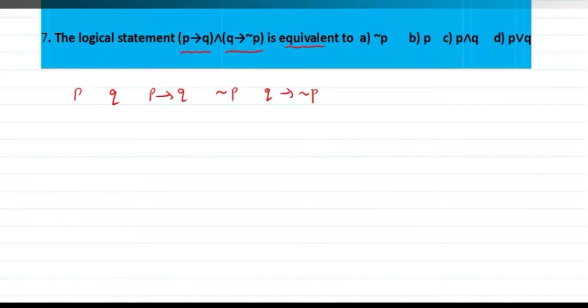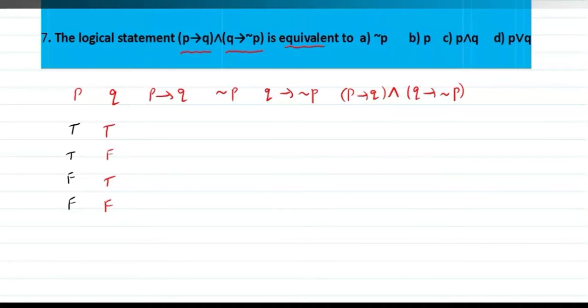And last but not least, P implies Q and Q implies negation P. This is the table we have, and we know very well for P: true, true, false, false, and for Q: true, false, true, false. So this is the basic, right?